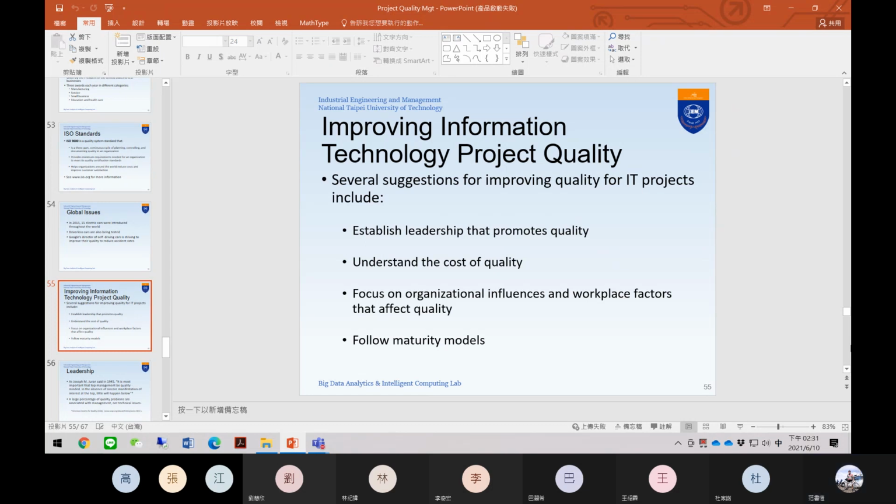There are several suggestions for improving quality for IT projects, including establishing leadership that promotes quality and understanding the cost of quality.